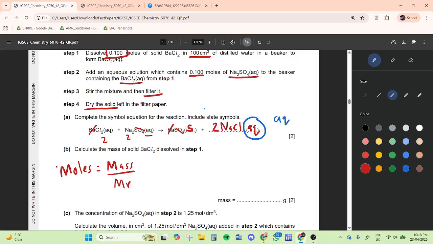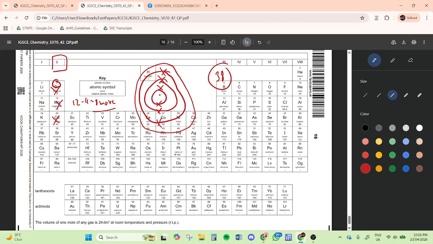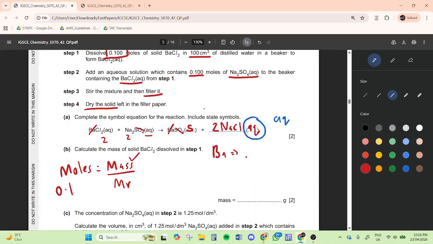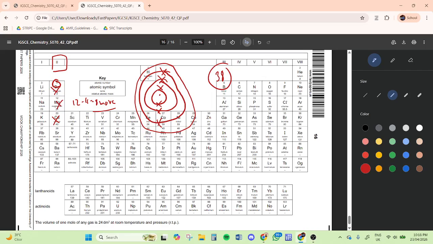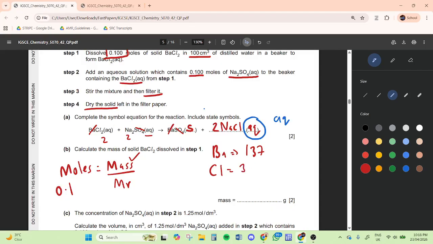So we have the moles. Moles is 0.1. We're tasked to find out the mass, and we can figure out the MR from the periodic table. Barium has a mass number of 137. Chlorine has a mass number of 35.5, but because we're doing BaCl2, this will be multiplied by 2.